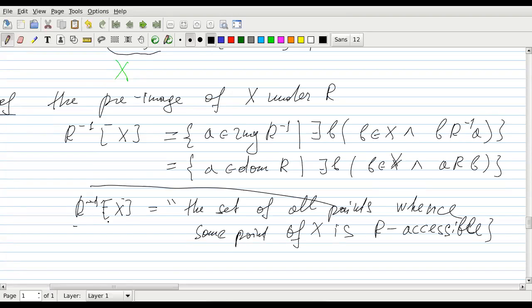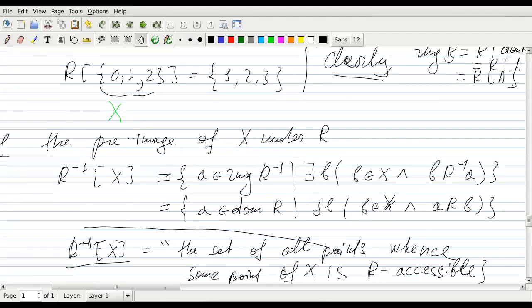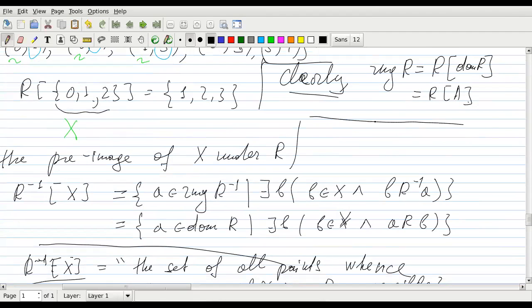So this is just the set of all points from where you may travel somewhere to X. Is it clear? Yes. But formally, the pre-image is just the image under the converse relation, nothing more.